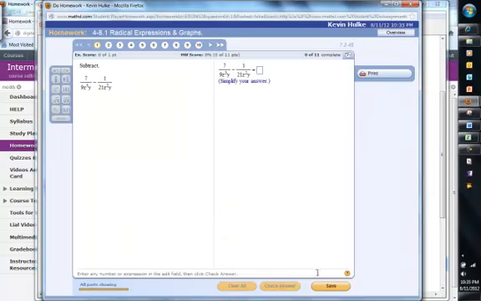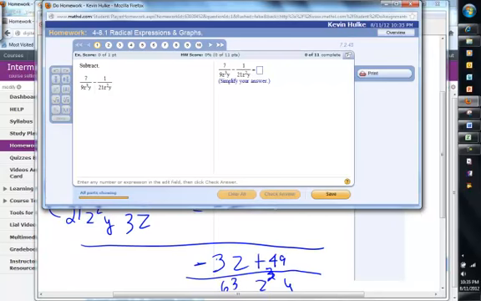So we get the fraction negative 3z plus 49 over 63z cubed y.